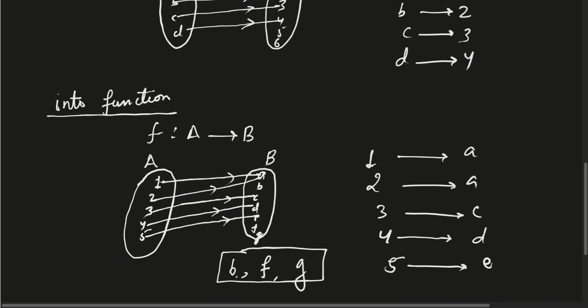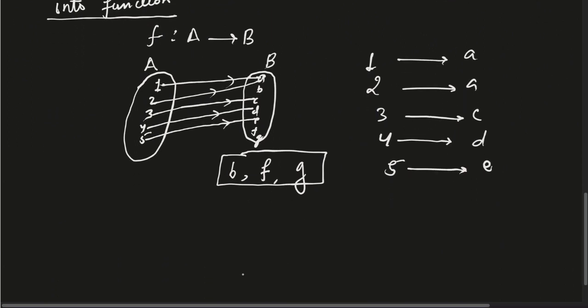So if this is the condition that some elements in set B remain unmapped, then that function is called an into function. You will have to make it clear that some elements in the codomain set remain unmapped, then this is called an into function.